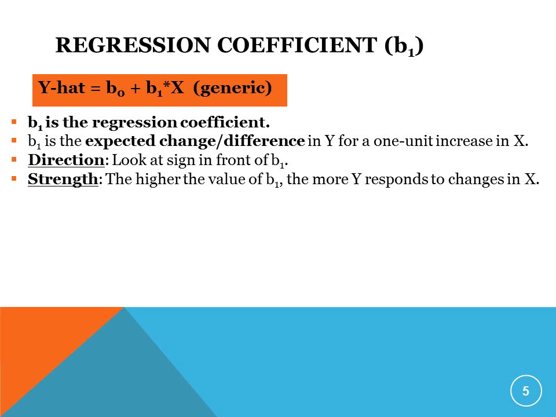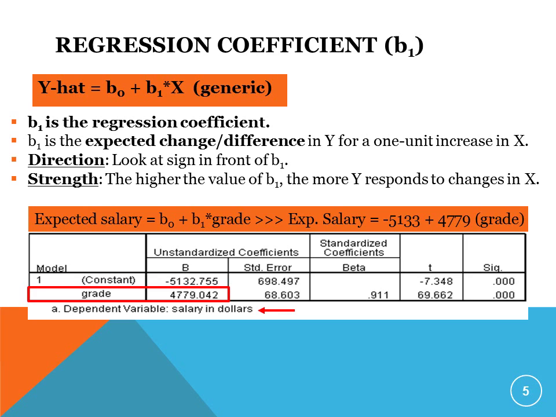Okay, so the B1 regression coefficient is the expected difference or the expected change in your dependent variable for a 1-unit increase in your independent variable. So this B is telling us direction, and to some degree it's telling us about strength. Let's take a look at this equation again. It's the same output here. We've got our dependent variable as our expected salary, our independent variable as grade, the same y-intercept, the same B1.